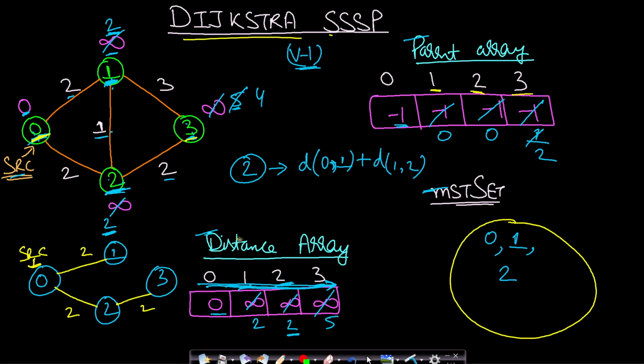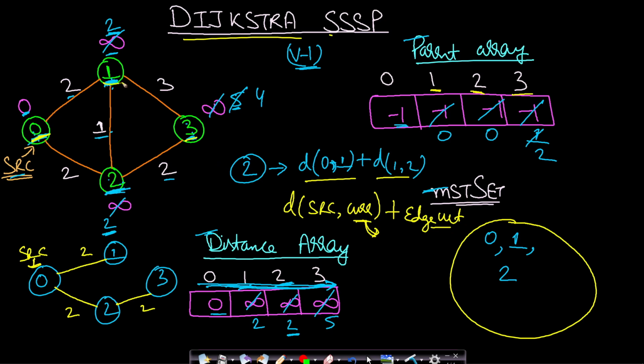So we use exactly the same algorithm, exactly the same data structures, every step is the same, but only the comparison and the distance array update technique is different, because here we are taking two distances into consideration. One distance is from the given source to the current node which we are relaxing, and to that we add the edge weight between the current node and the next node, which is directly connected to this current node, right?